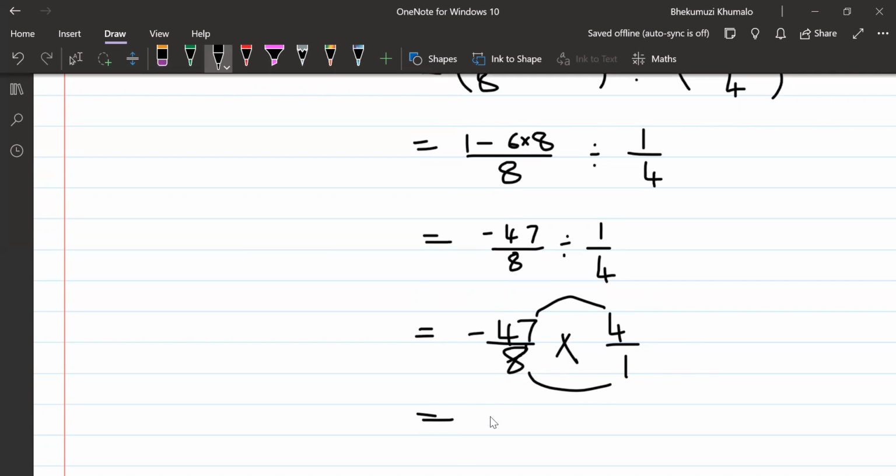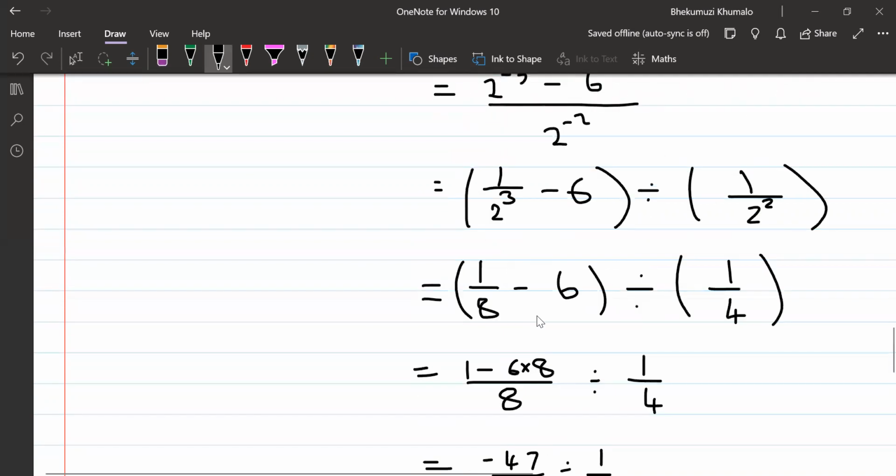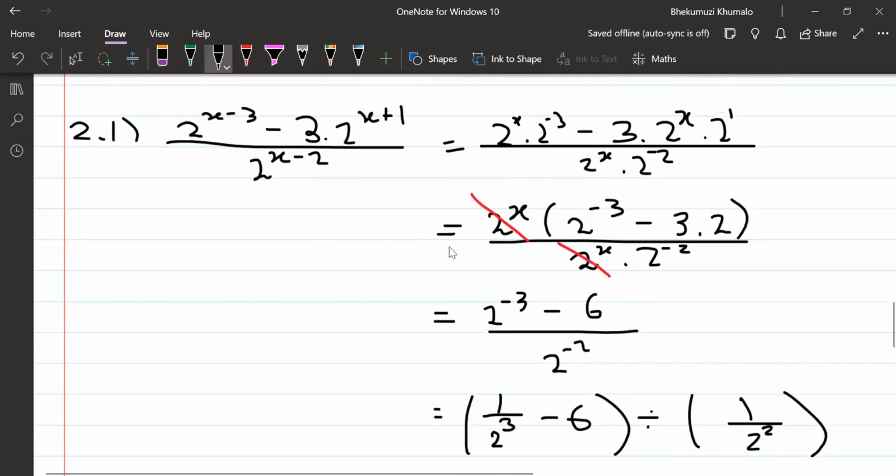So then it is minus 47 over 2. And that would be your solution, right? There's really nothing more you could do, unless you want to write it as a mixed fraction, but this is sufficient.